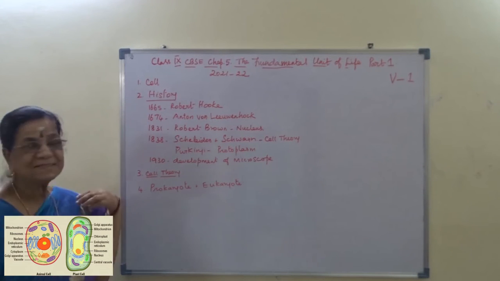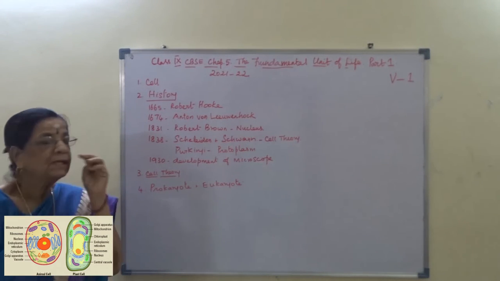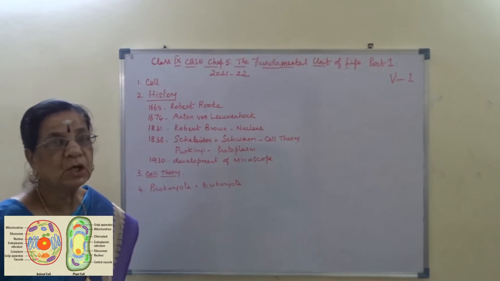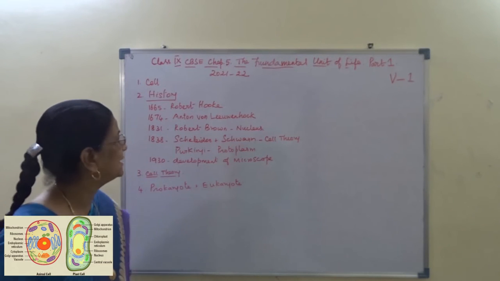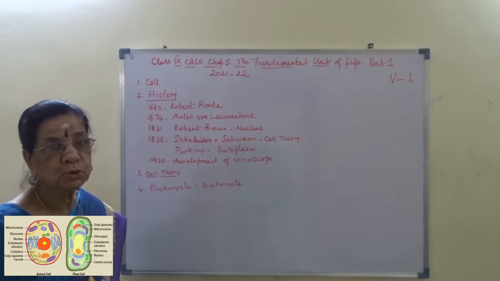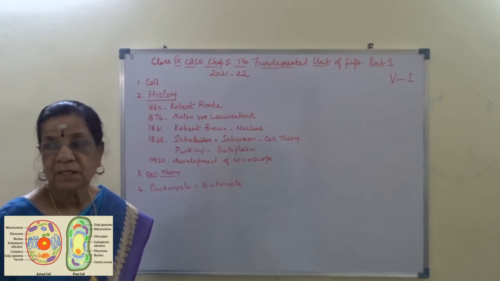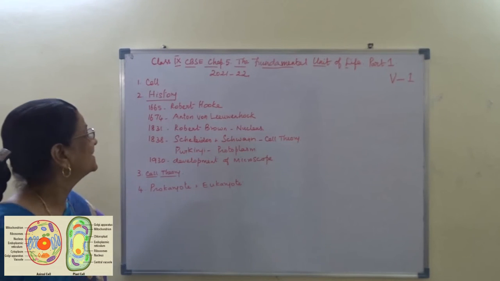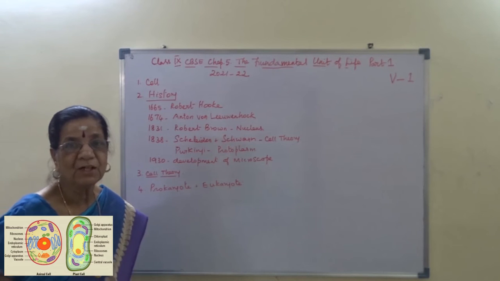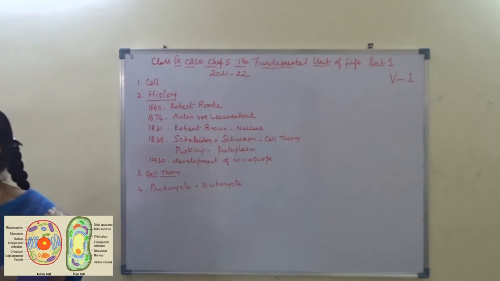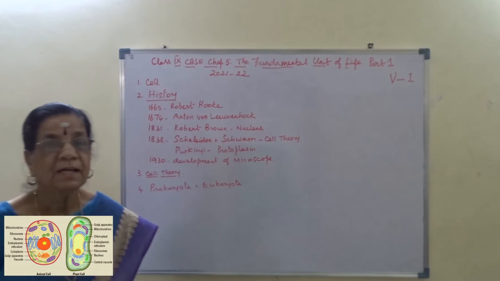Then in the year 1674, Anton von Leeuwenhoek. Take care with the spelling, Robert Hooke, H-O-O-K-E, and Anton von Leeuwenhoek, these are the names of the scientists.